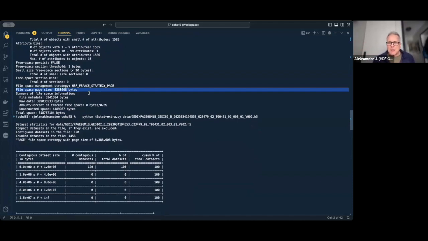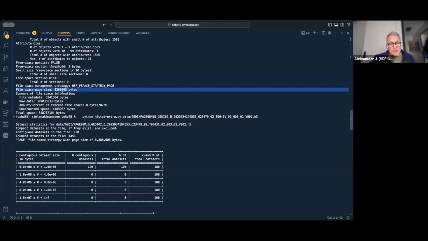One is internal file metadata, and the other one is the actual data. When I say the actual data, you may ask me, what is that? Well, those are data from contiguous and chunked datasets. And anything else is essentially internal file metadata, I think.